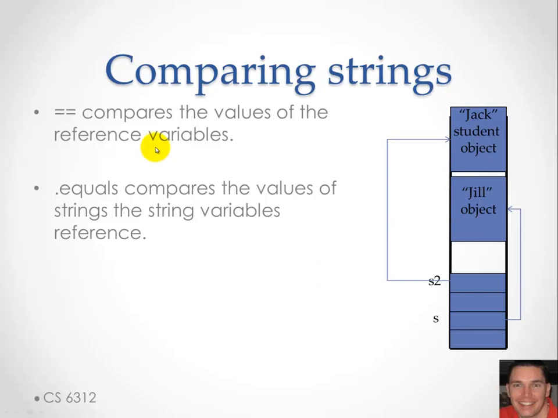So we must take care when comparing objects that we don't use equal equal, because that's just going to see if the two reference variables are pointing to the same object. If we want to look at the contents of the objects and compare those, we have to use dot equals. Now, if we write our own classes, we're going to have to override dot equals so we can specify what is actually going to be compared within those objects.